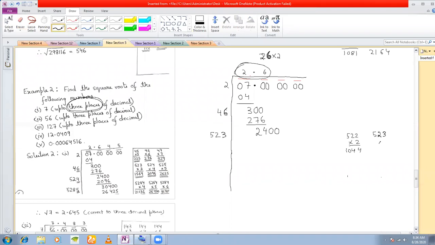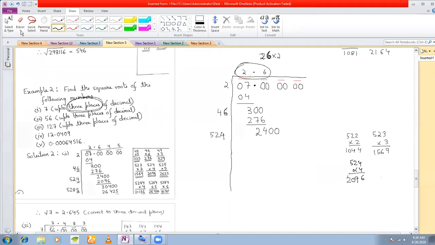523 into 3 is 1569. Again, way less than 2400. So we try the next digit, 4. 524 into 4 is 2096, which is quite close to 2400.